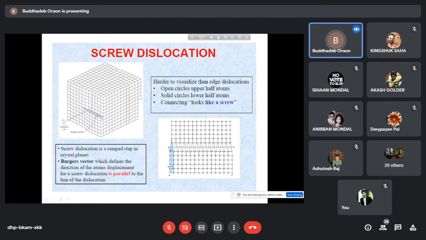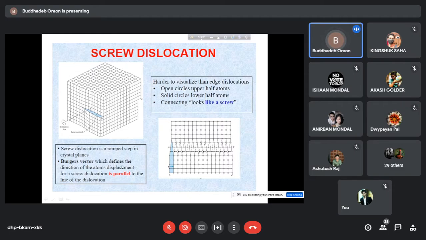These two sets of circles form a screw. If you start from here, it will come somewhere here, again go like this, and form a screw, something like this. Starting from here, you will go up to this point B. So it will form a screw. A screw dislocation is a ramped step in crystal planes.